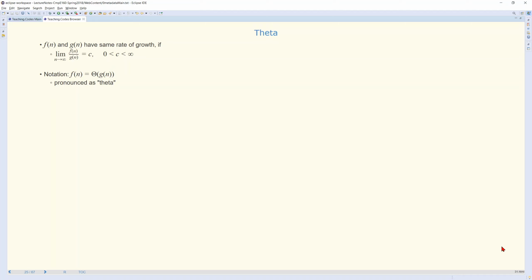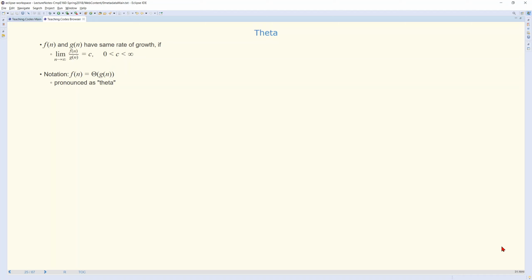If f of n and g of n have the same growth rate, if you look at f of n over g of n and take its limit as n goes to infinity, it should converge to some constant c, which is a positive value. Note that c should be a constant value, but I don't care what the value of c is.